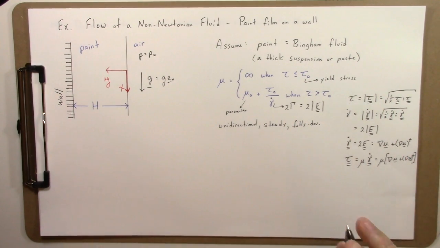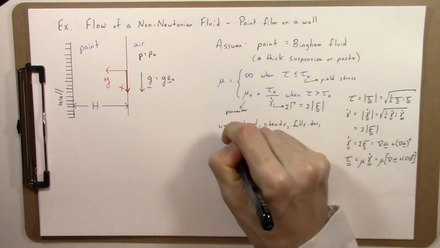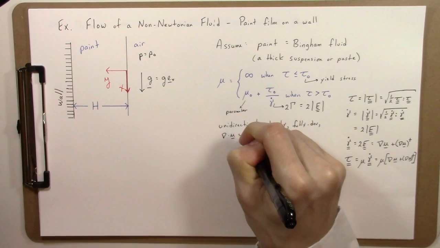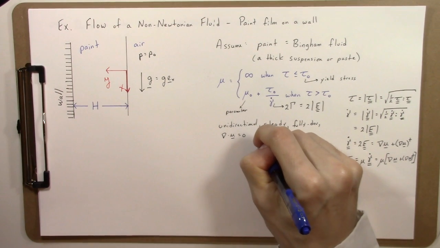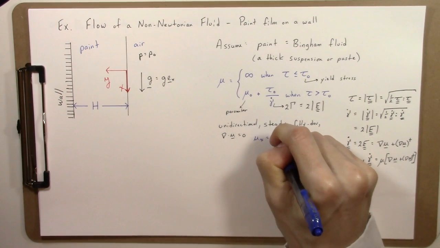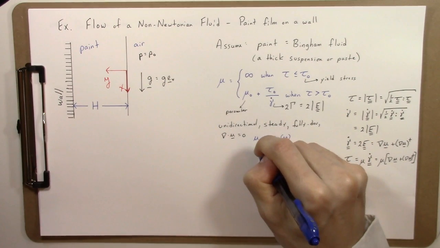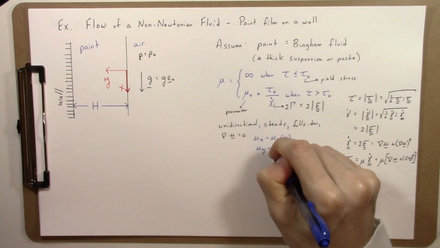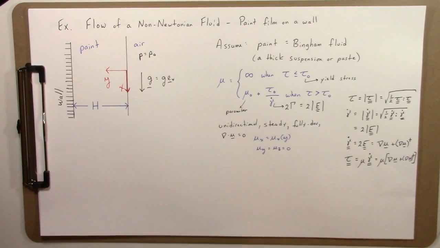In other words, we assume incompressible, right, as a continuity equation, del dot u is equal to 0. So we assume that u_x is a function of y only, and u_y and u_z are equal to 0. So that's going to be the basis for the analysis of this flow, starting from the Cauchy momentum equation.